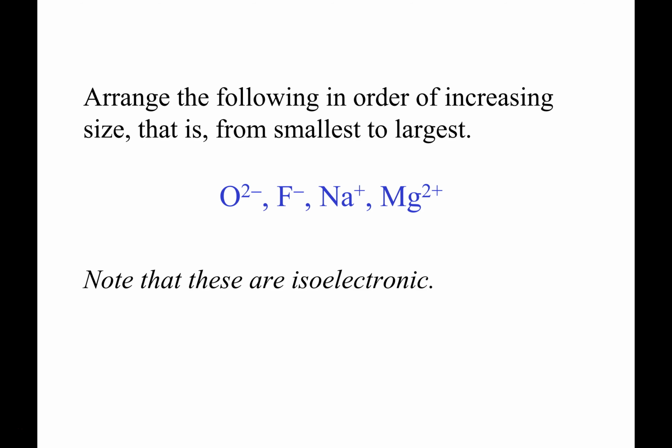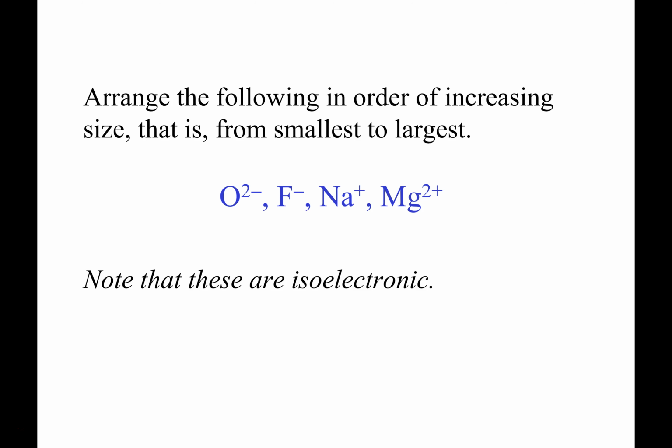So it seems like forever ago, but the other day when we met, we talked about things losing electrons and picking up electrons. The metals will lose electrons, the nonmetals will pick up electrons, all to get like the rare gas. So remember the way this works, and we'll go ahead and pick on these guys, is oxygen and fluorine. Oxygen will pick up 2 electrons, fluorine will pick up 1 electron to get the 10 electrons.